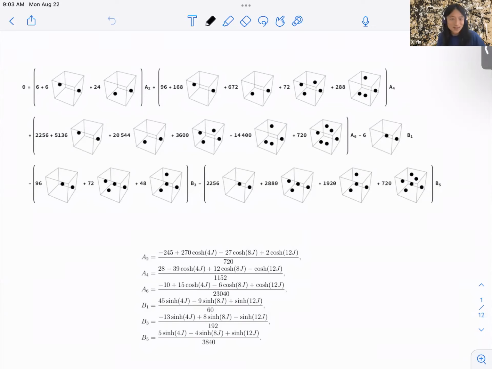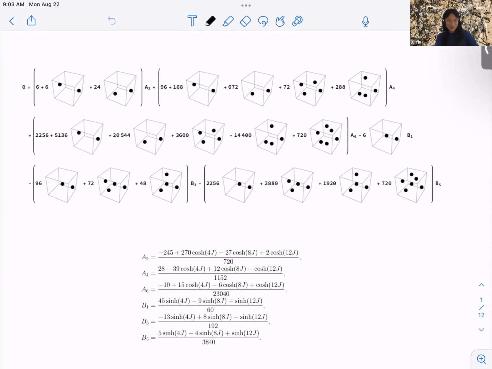Each of these boxes with the dots inside is a pictorial representation of a spin correlator. This box, I guess, is a 3 by 3 by 3 box. This was for the 3D Ising model at 0 magnetic field. In this case, because of Z2 symmetry, we only need to worry about an even number of spin insertions.